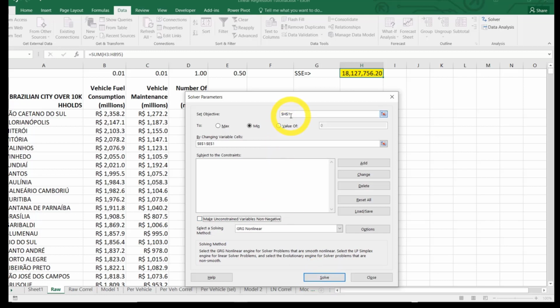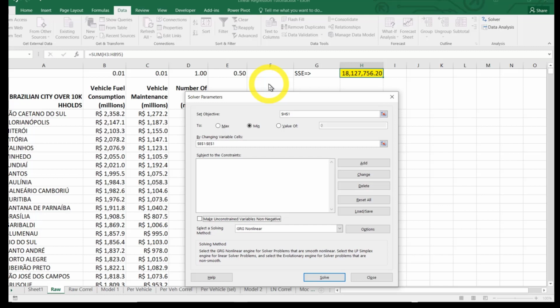So I want to minimize H1, which is the sum of squares, by changing cells B1 to E1, this range here. And it's going to do this by brute force using what we call a steepest descent search algorithm. It tries to search a space of parameter values, B1, C1, D1, E1, to find the combination that produces the lowest value.